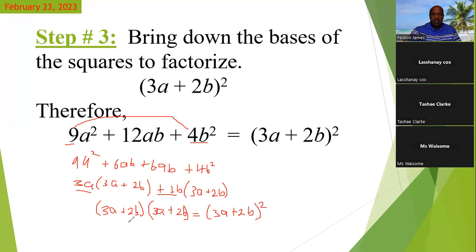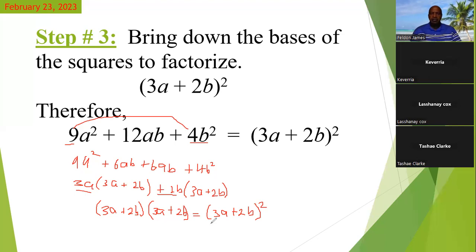Because 3a plus 2b times 3a plus 2b, you're multiplying it by itself. Everybody see how we get it by the AC method? Yes, sir. But what you would have noticed here is that the AC method would have been so much longer. Do you agree? Yes, sir.